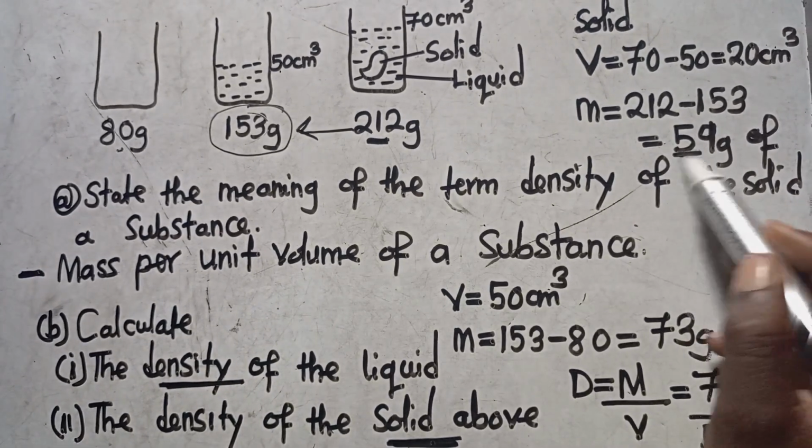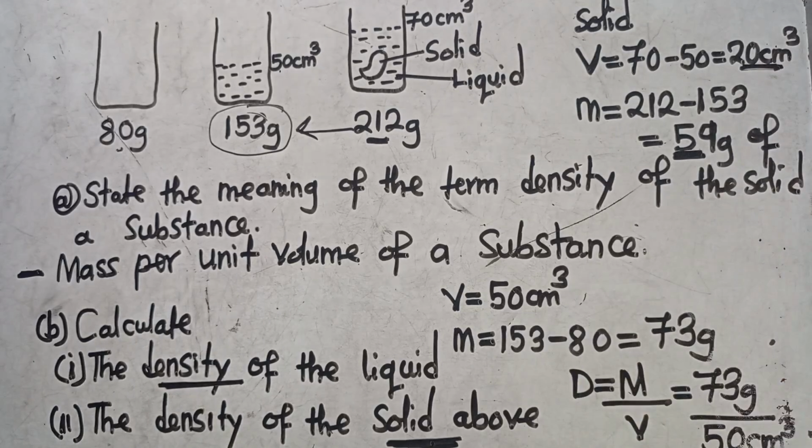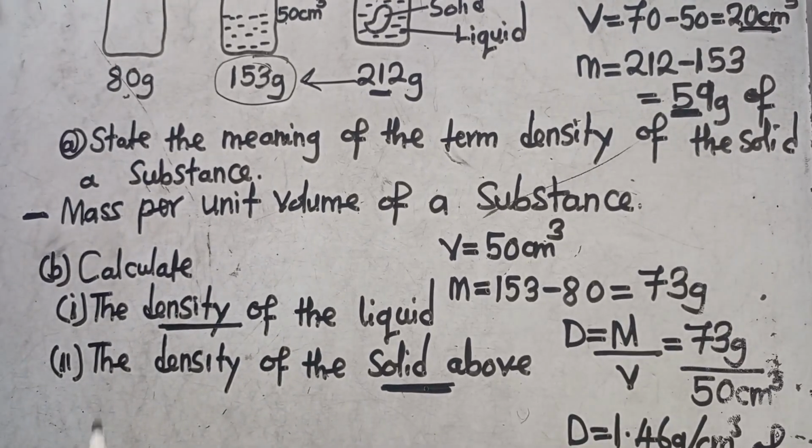So we have the mass and the volume. We can now calculate its density. Density is equal to mass over volume.